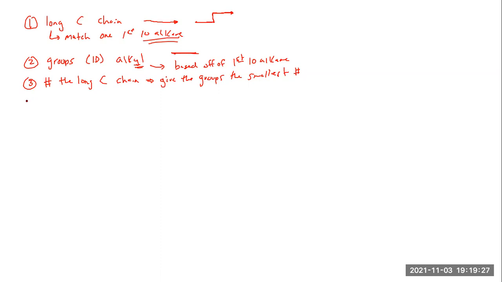And then the last thing to do is to put the groups in alphabetical order, regardless of the number. So if you have a higher number but it's alphabetically first, the higher number comes first, and the alphabetical one comes with it. Also, regardless of prefix: even if you have a prefix, you ignore it and put them in alphabetical order.